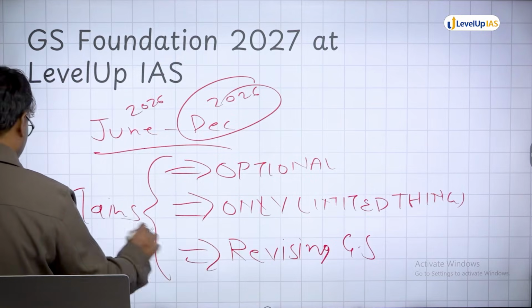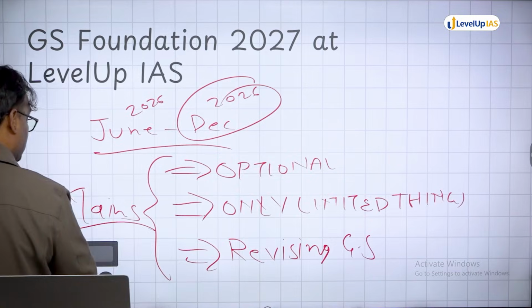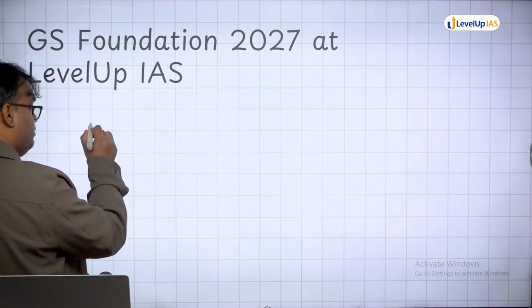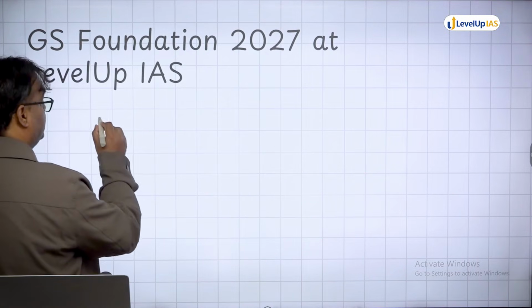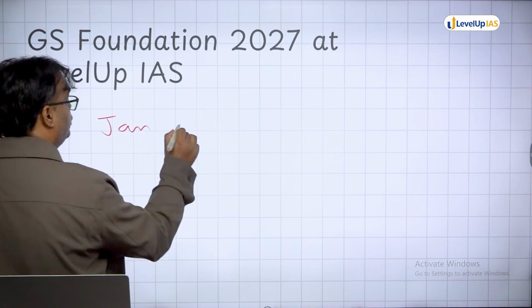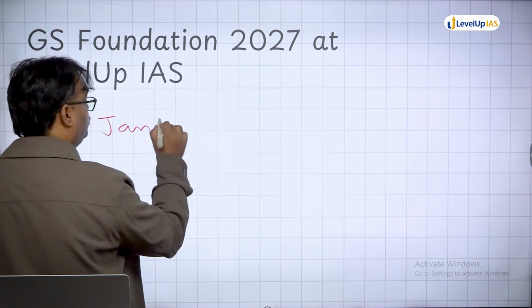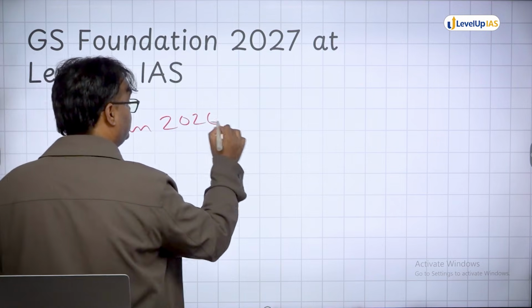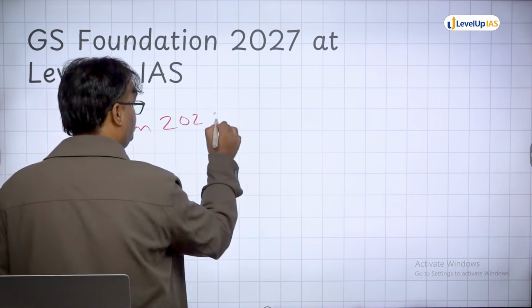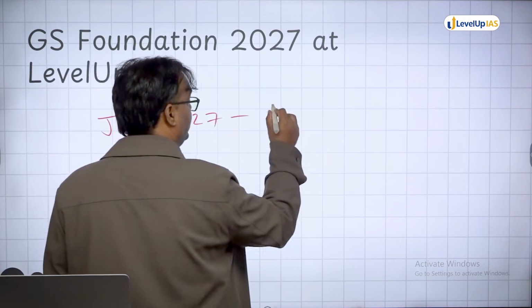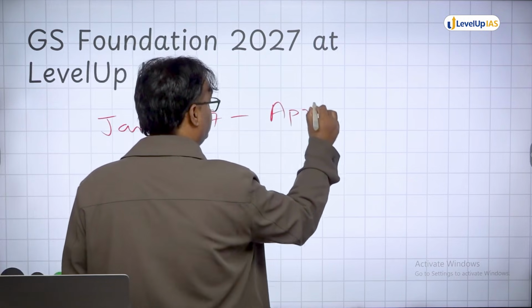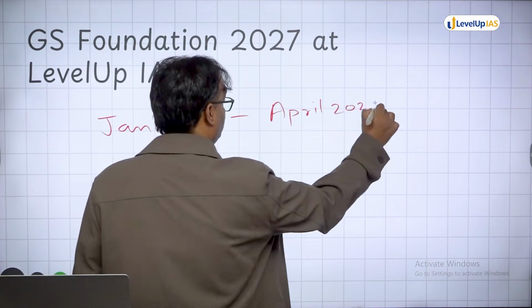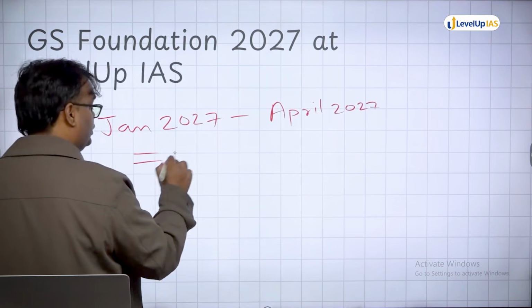Then in the third phase of LevelUp's GS Foundation program, from January 2027 to April 2027, we will take you through revision.